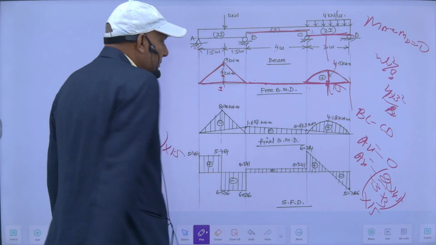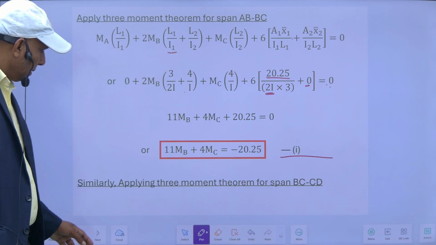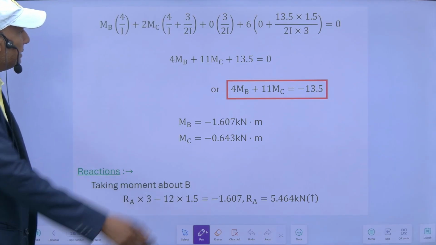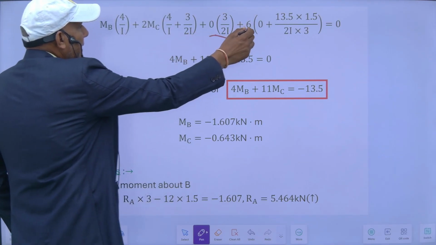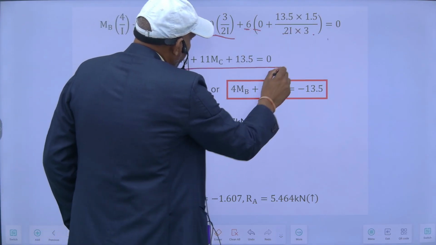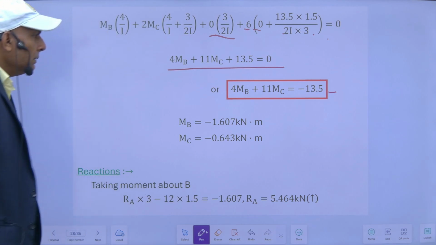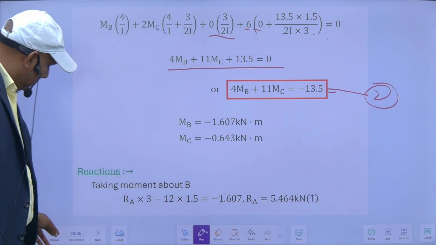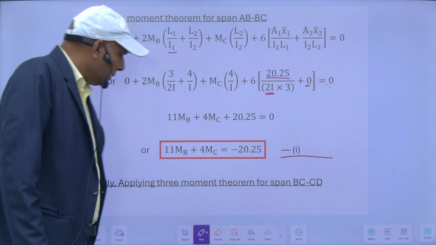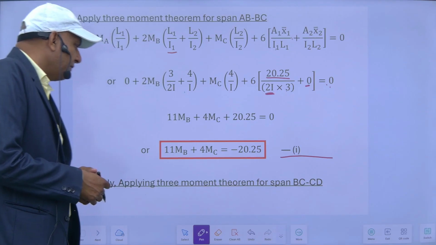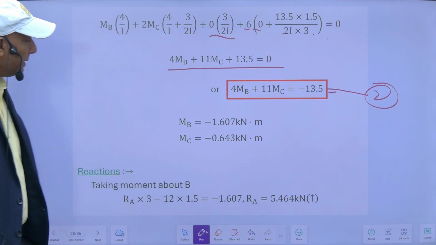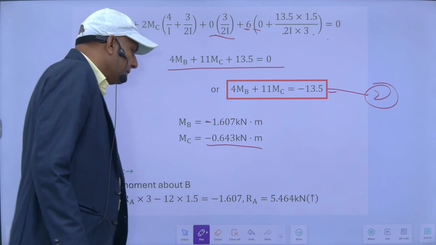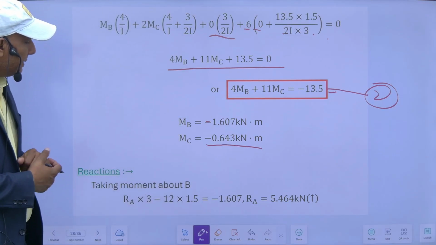The moment is 0 and Ax bar is 0, so I will get another equation. This is my equation number 2, and equation number 1 is this one. With the two equations I can find MB and MC, which are minus 1.607 and minus 0.643 kilonewton meter.